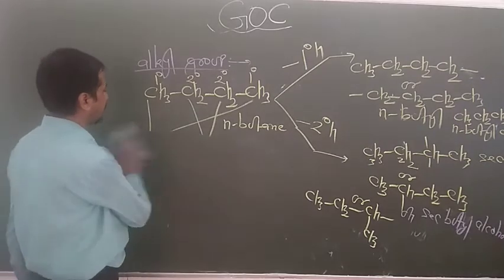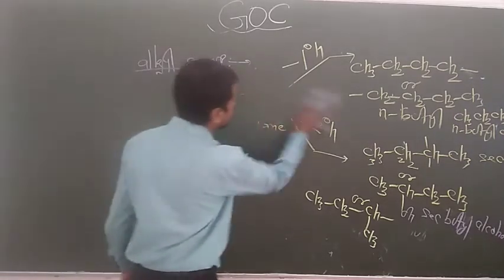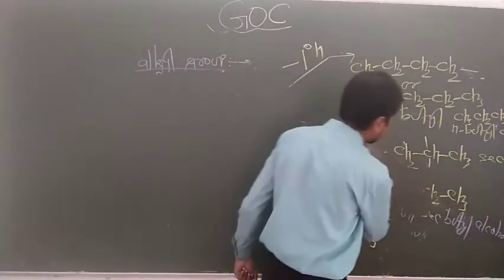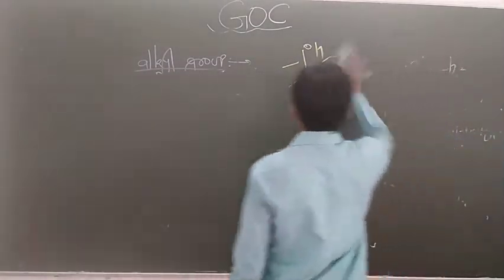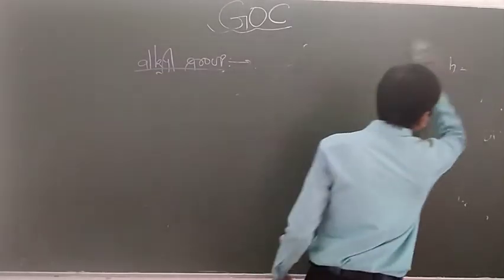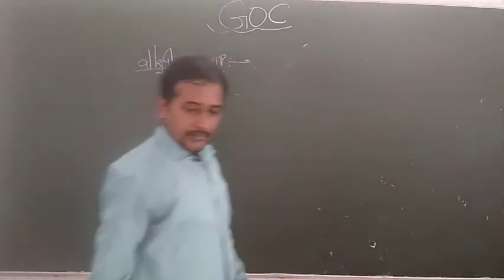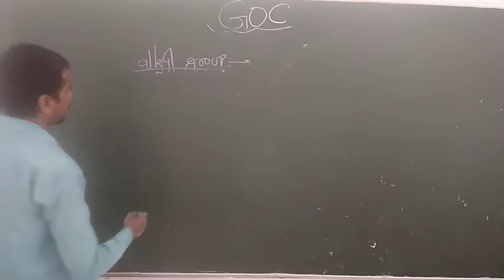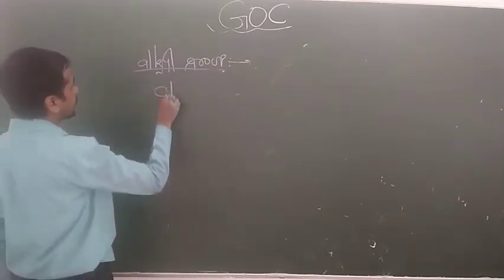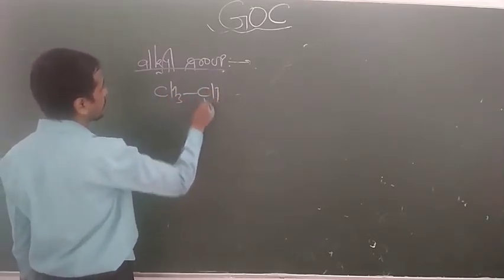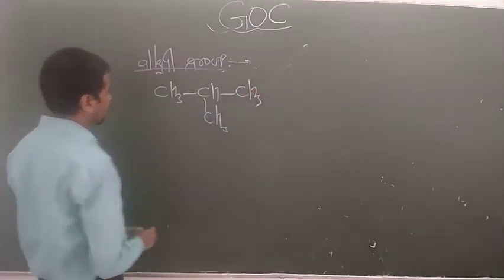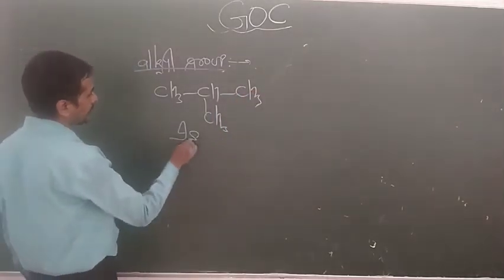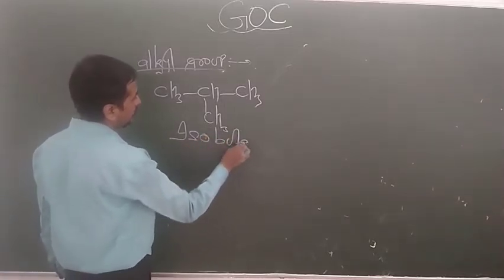Now dear students, come again, same 4 number carbon, but here we have to write the isomer of that 4 carbon, that is isobutane. Look at here about the isobutane. So this is the formula of isobutane.